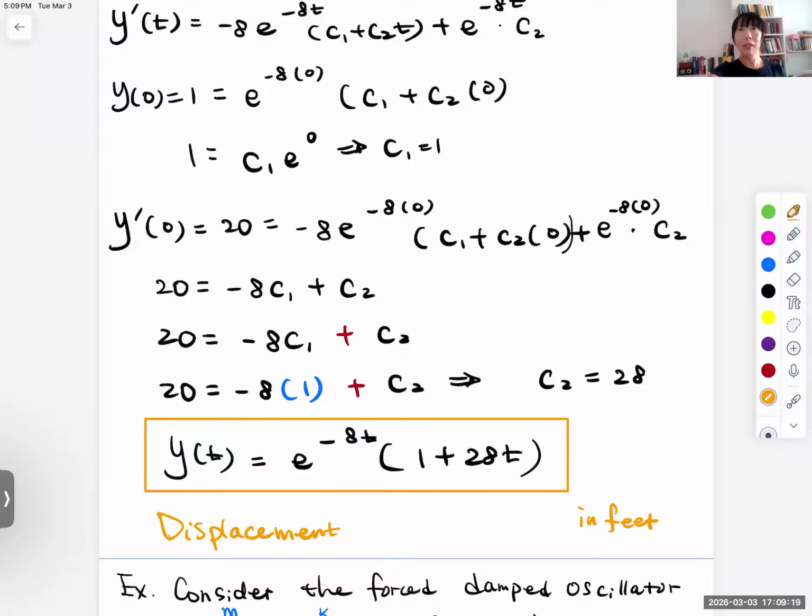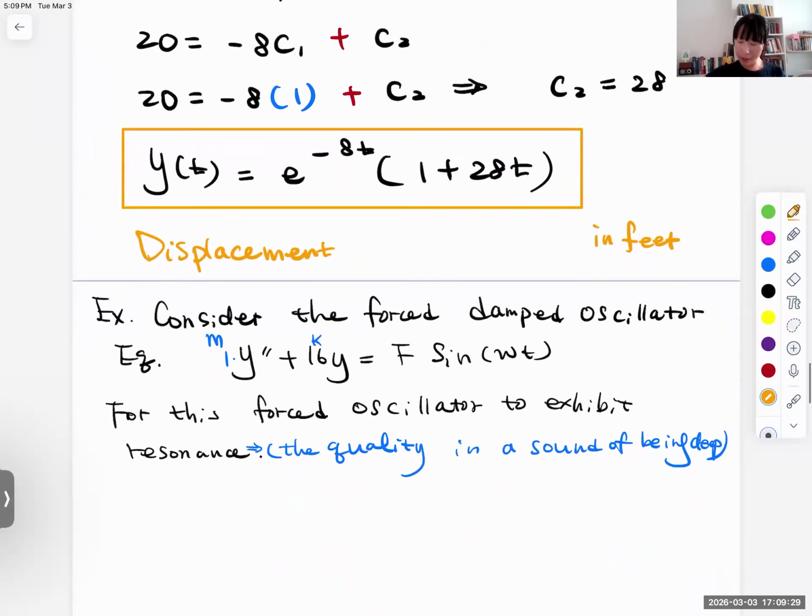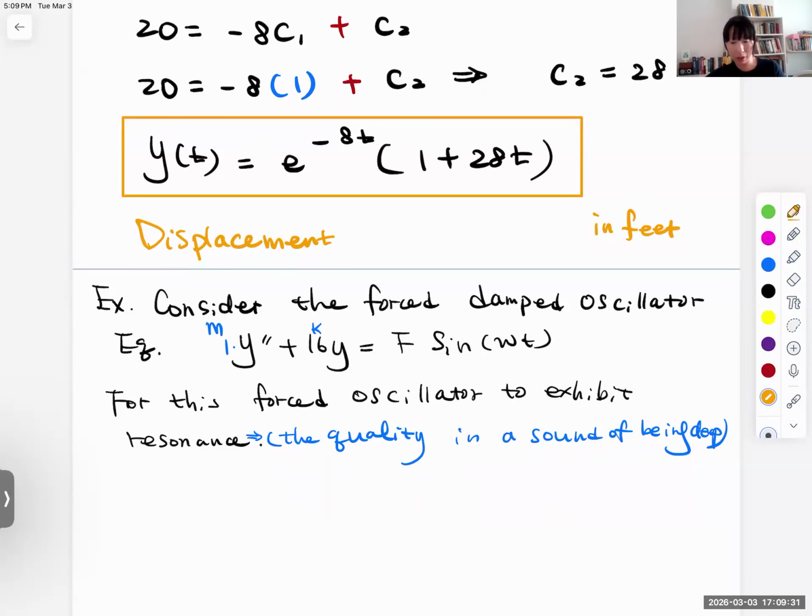We have one more for this one. Okay, so consider the forced damped oscillator equation. We have this form, right? We are trying to find what's the omega.